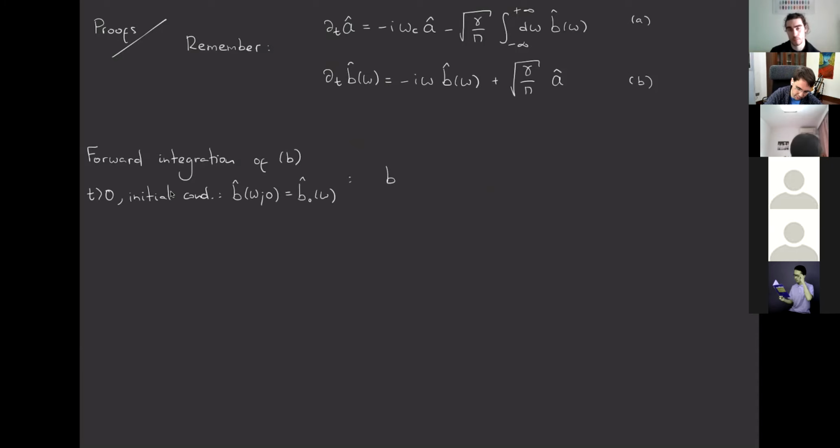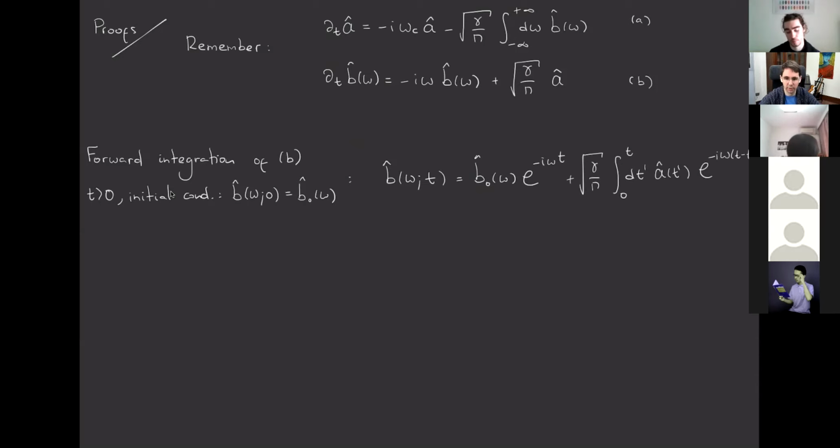And in particular, this allows you to write b of omega, t as b0 of omega e to the minus i omega t, plus square root of gamma over pi, integration from 0 to t, dt prime, then a of t prime e to the minus i omega (t minus t prime).